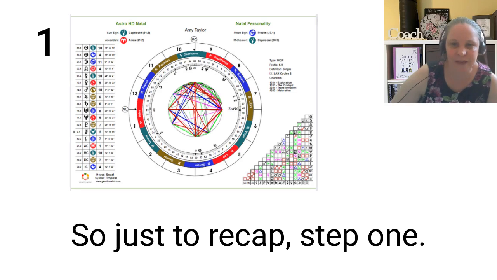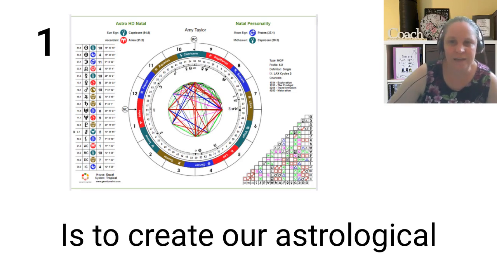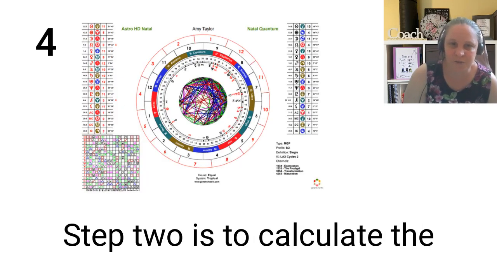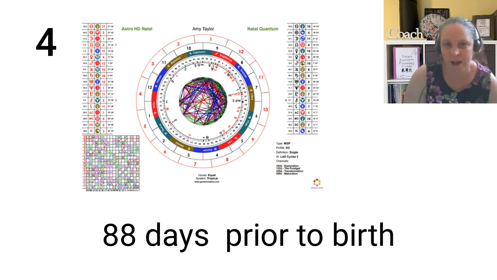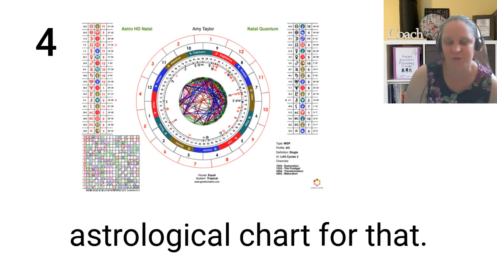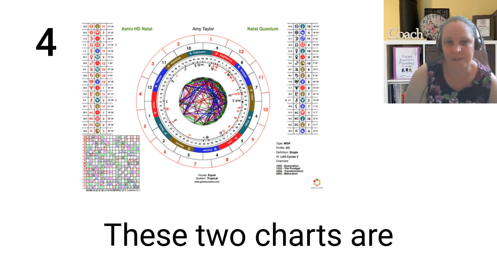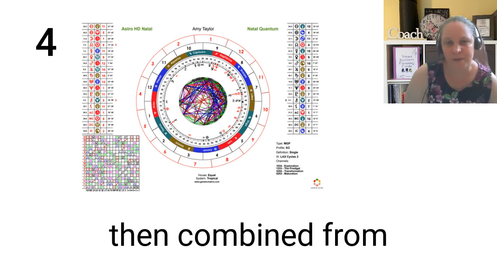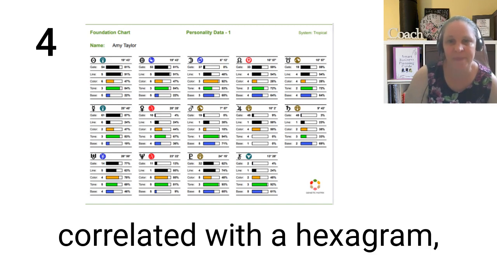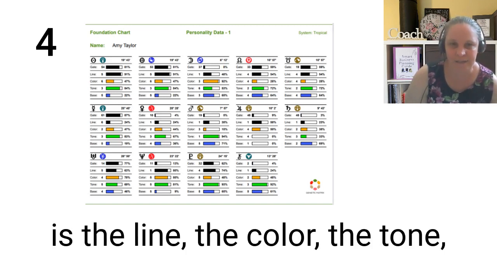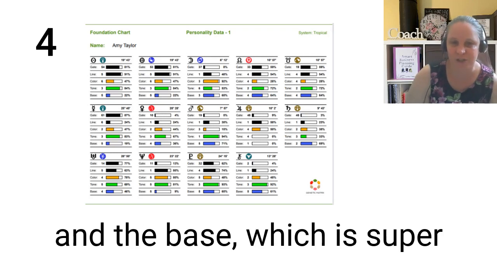So just to recap, step 1 is to create our astrological chart at the time of birth. Step 2 is to calculate the design date approximately 88 days prior to birth and calculate the astrological chart for that. These 2 charts are then combined. From the astrological data, the planet positions are correlated with a hexagram, which contains the line, the color, the tone, and the base, which is super geeky.